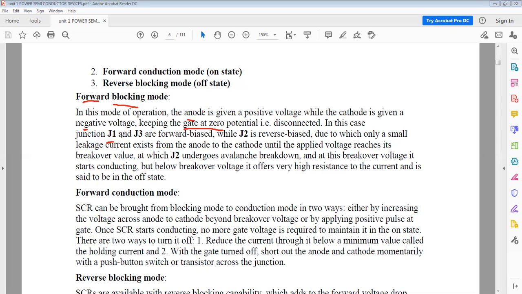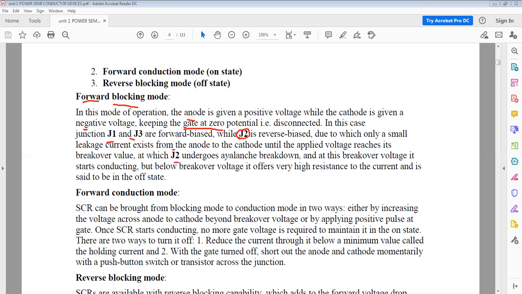Junctions J1 and J3 are forward biased, while J2 is reverse biased. Due to the reverse biased J2, only a small leakage current exists from anode to cathode until the applied voltage reaches the breakover value, at which J2 undergoes avalanche breakdown.